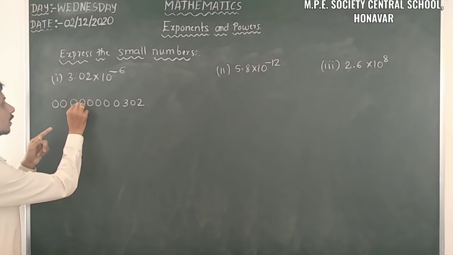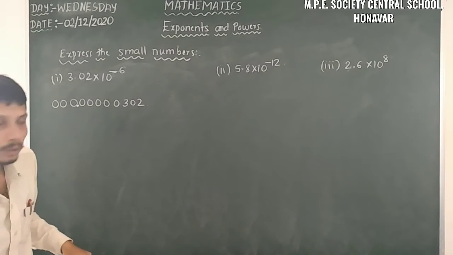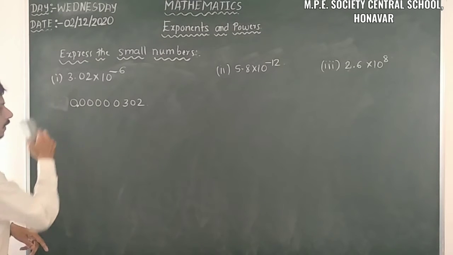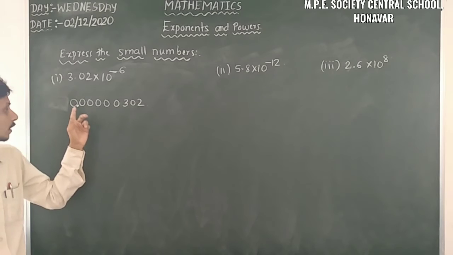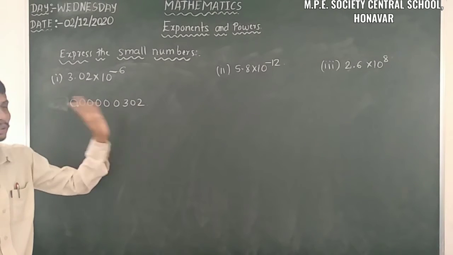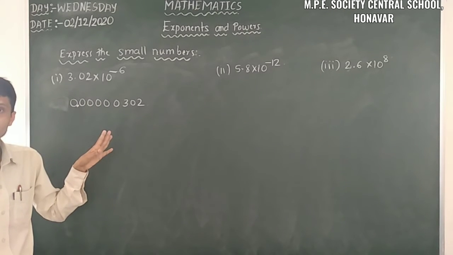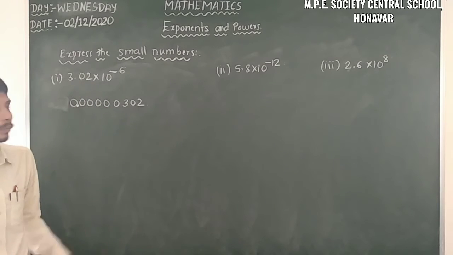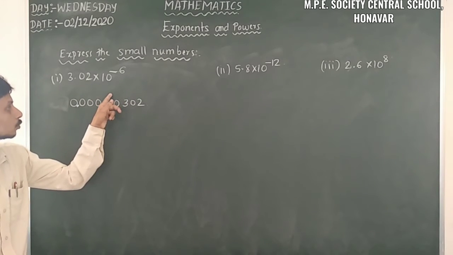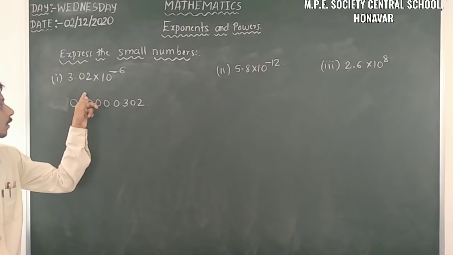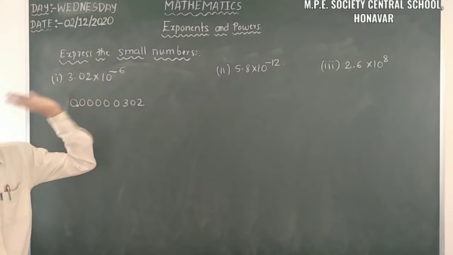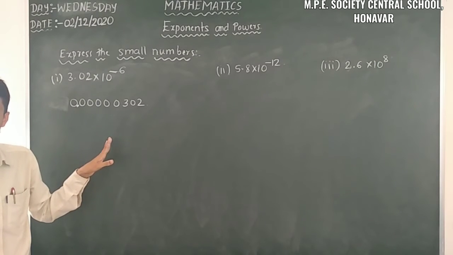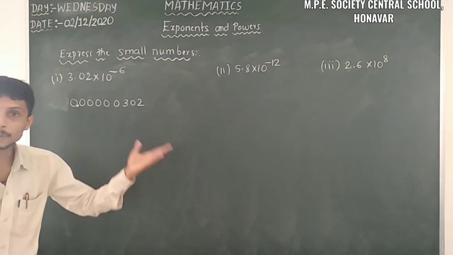So here we have the decimal point. Then you have to cancel the extra zeros. So we get 0.000000302. Let us check that one. Yes, 3.02 we want: 1, 2, 3, 4, 5, 6. That means it's 3.02 into 10 raised to minus 6. You can verify with the help of the previous thing.